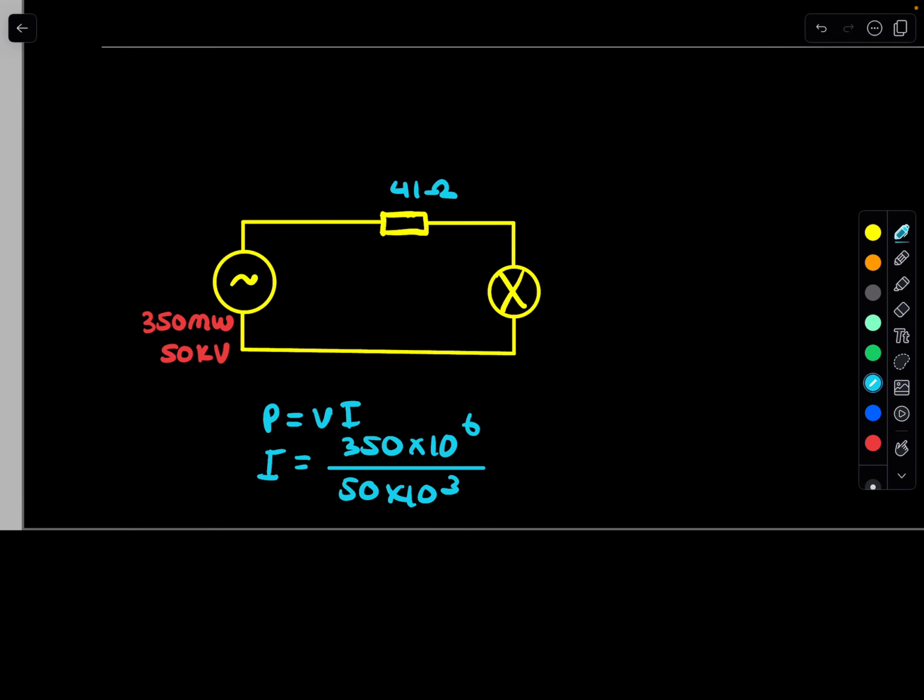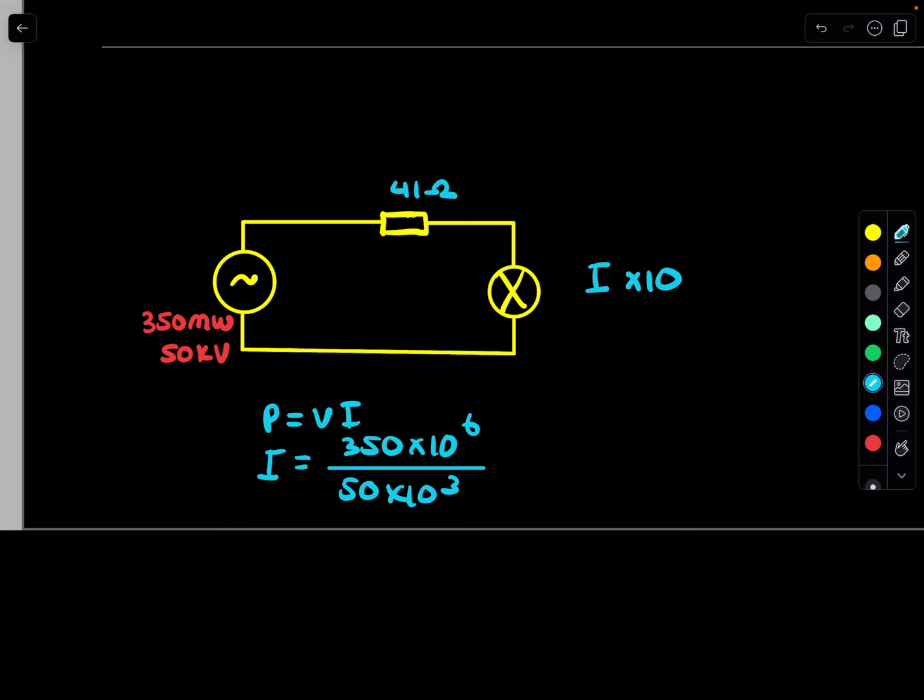It is 7,000. We went from 700 amps to 7,000 amps. So we got a times 10 of current. The current times by 10, which is a big no-no.